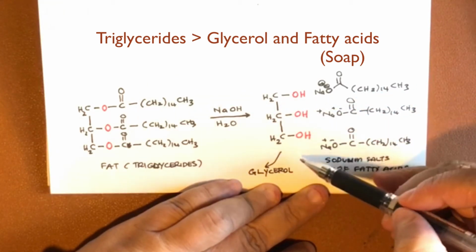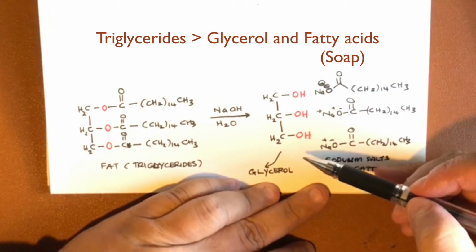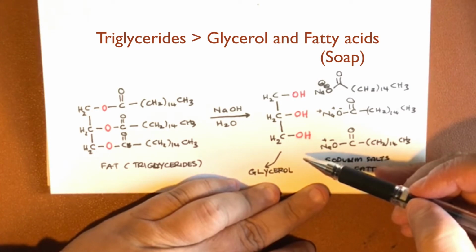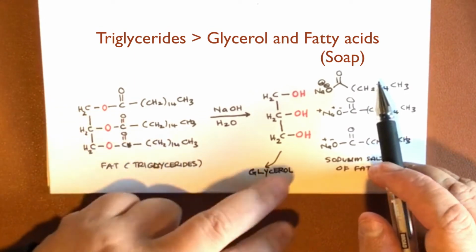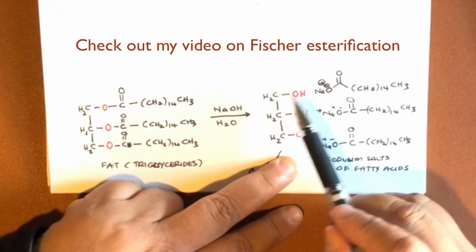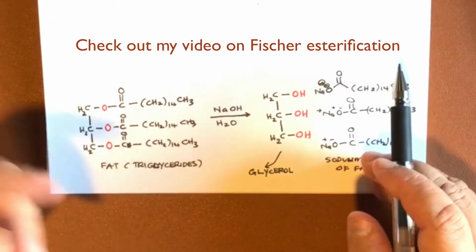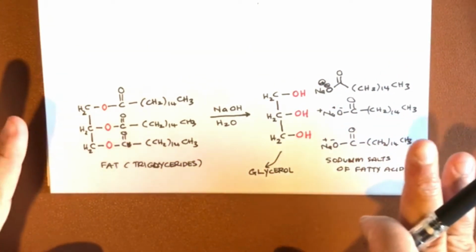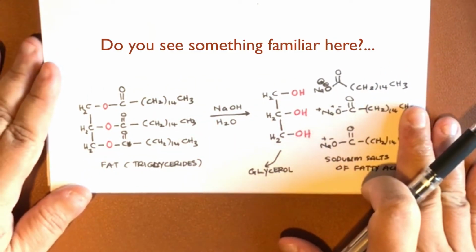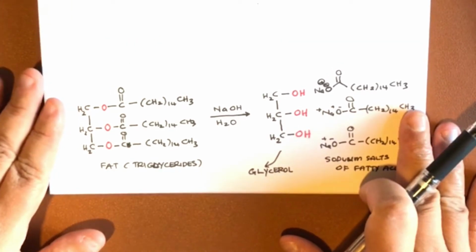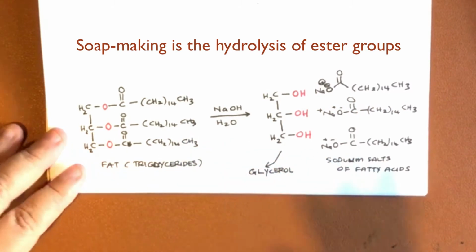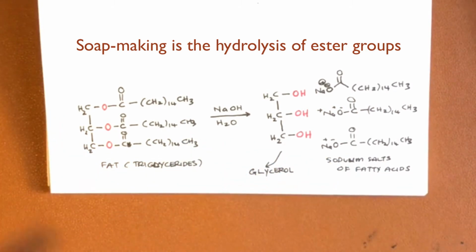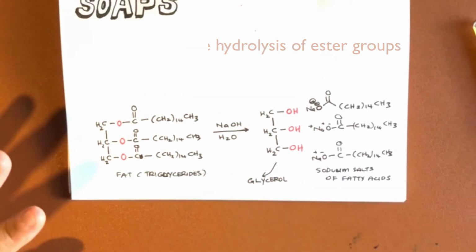If you remember in my earlier videos, this is an ester, and it is actually made from a carboxylic acid and alcohol in the first video, right? So making soap is actually the reverse reaction of the carboxylic acid with alcohol forming an ester.